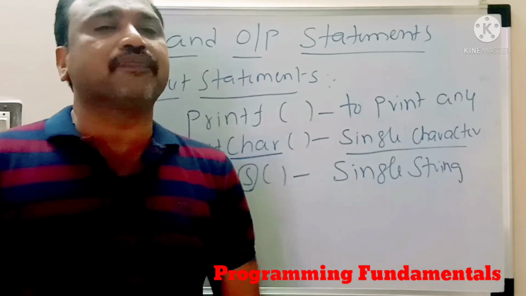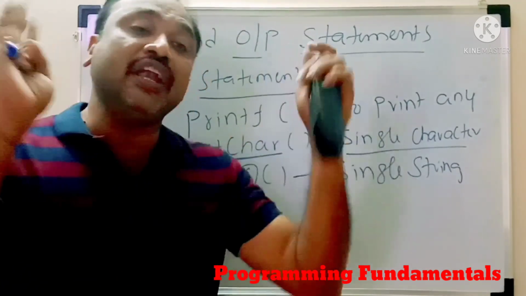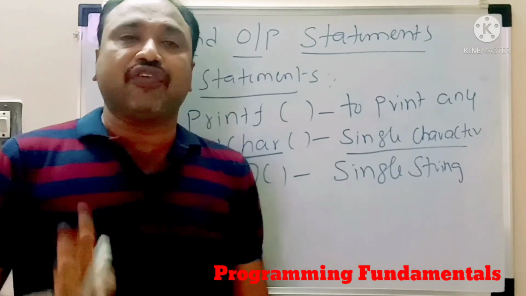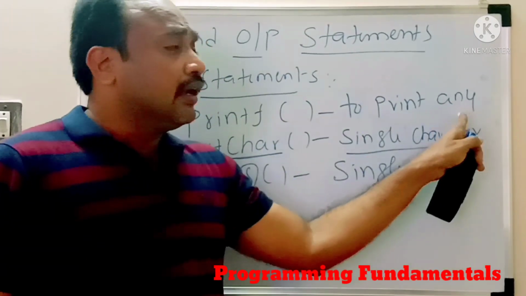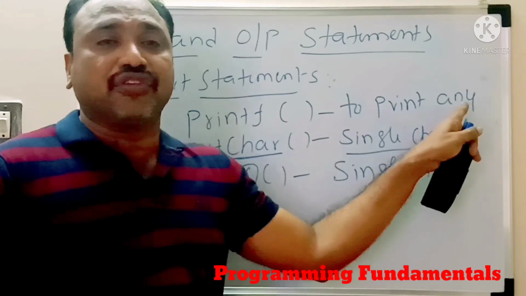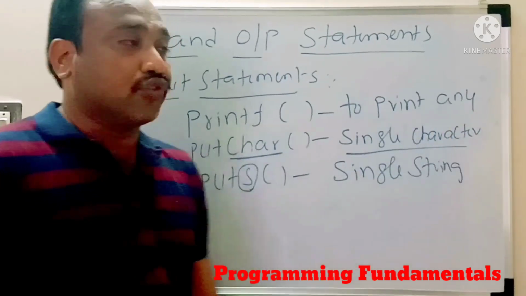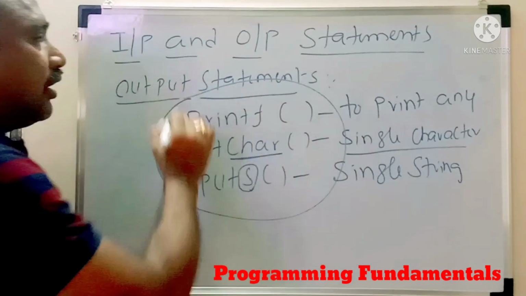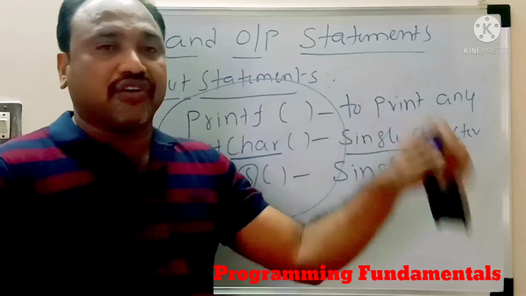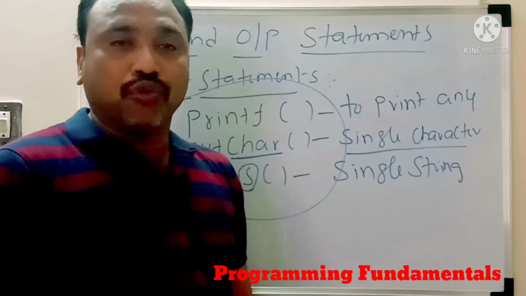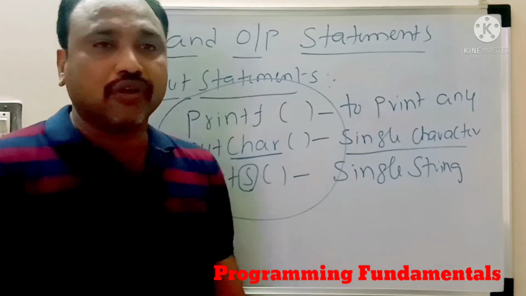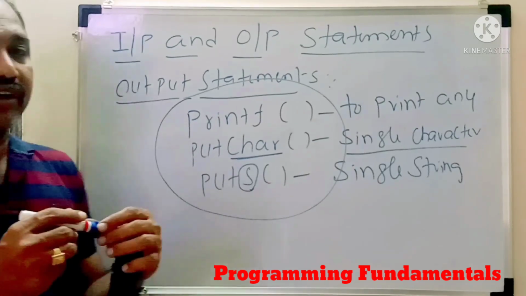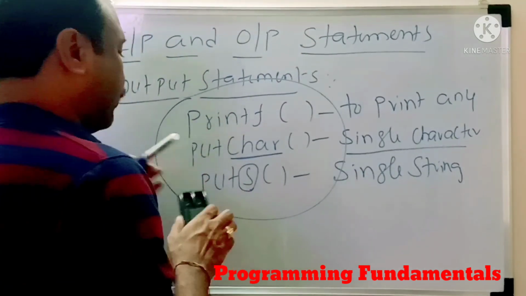It is up to you, but you can print 3 or 4 integer values also, or 1 int, 1 float and 1 char. That's why it can print any number and any type of values. All these are used to display results on the monitor, hence they are referred to as output statements: printf, putchar, puts.